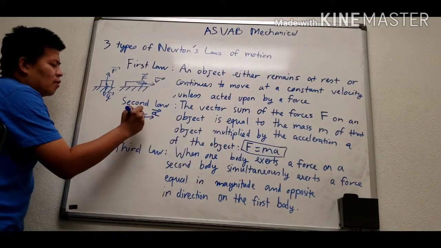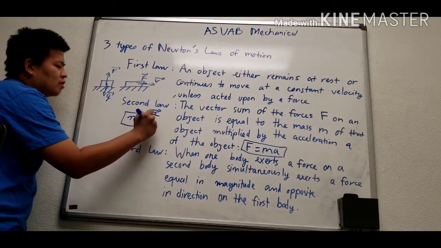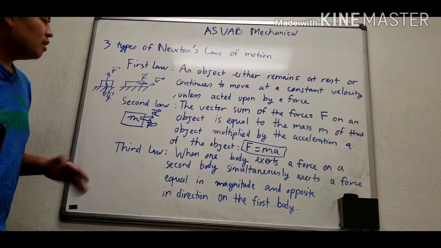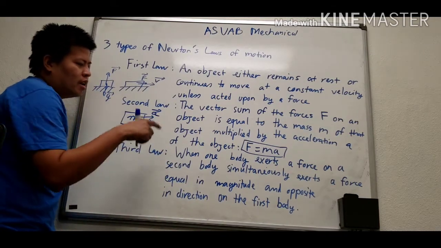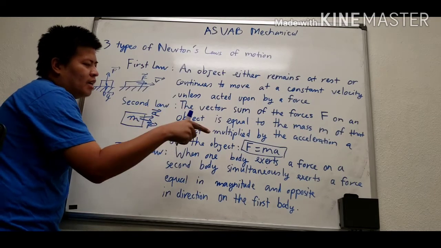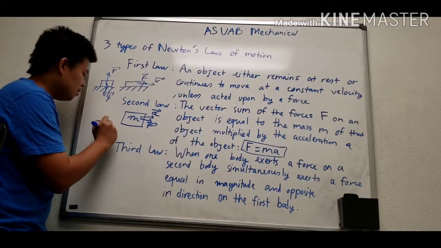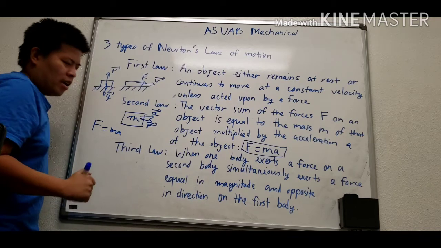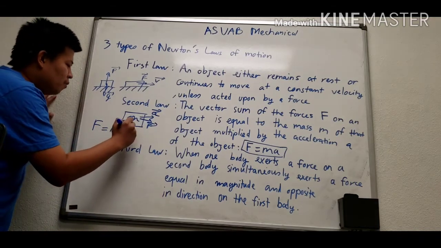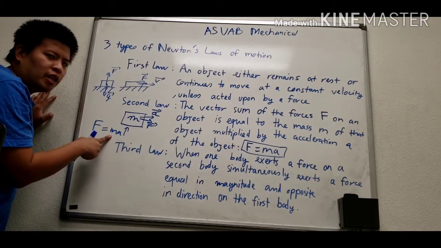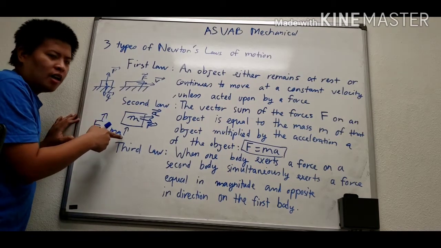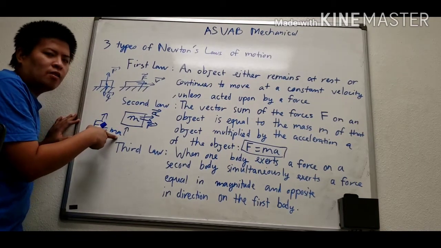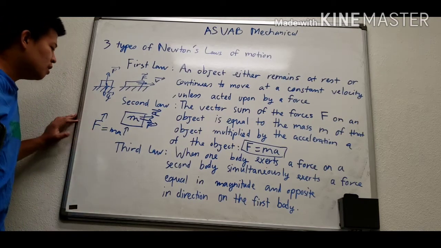So we apply the force here, so the object will move, and I have the relationship between F and a. If the acceleration goes up but the mass doesn't change, the force will go up. And if the force goes down, the acceleration will be reduced too.